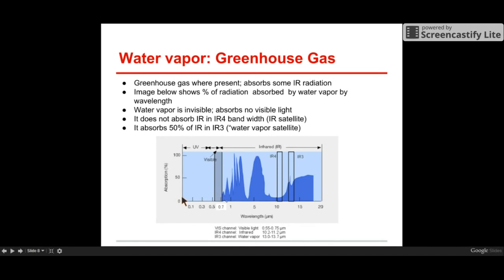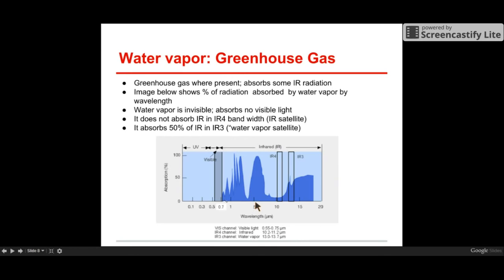This shows the absorption in percent, which extends from 100% to 0%. So for example, in the visible part of the spectrum here, indicated by this range over here, the absorptivity is 0%. So water vapor just lets all the visible light go out into outer space when it strikes it.